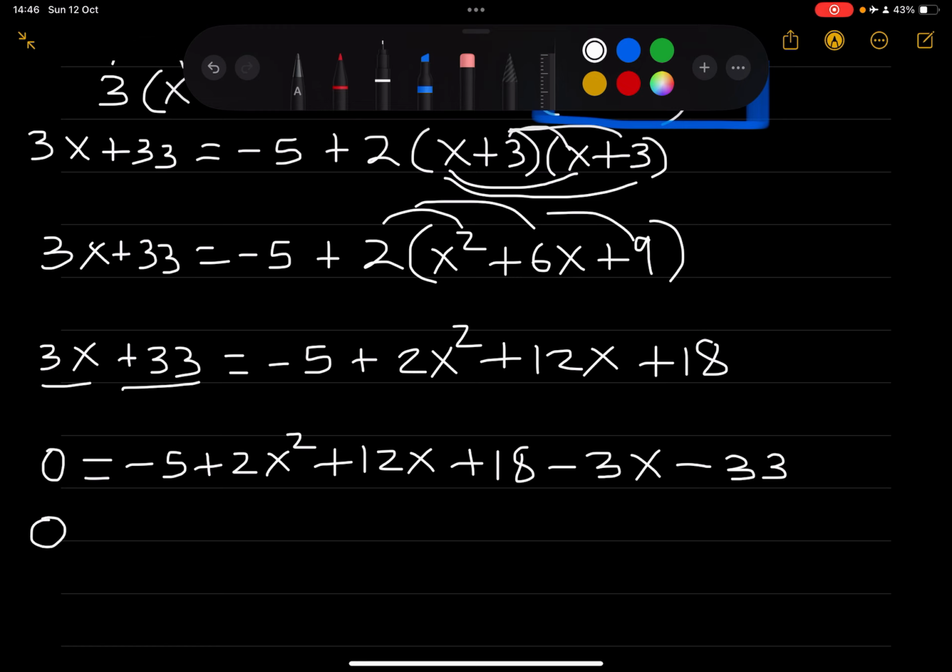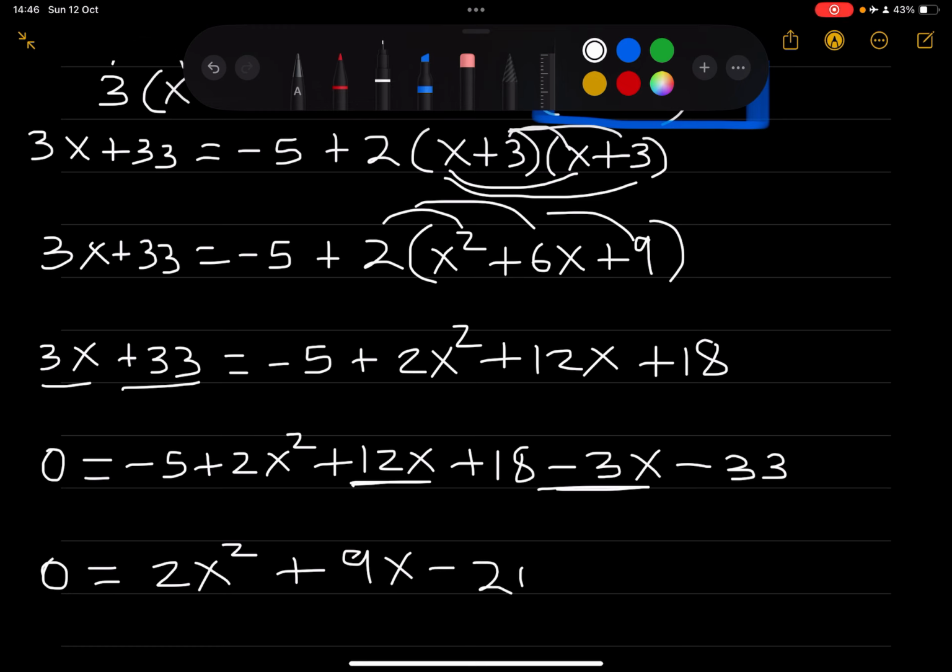Now, adding like terms. Let's add like terms. Now, we're going to have 2x squared plus 9x, because this one and that one gives us 9x, ne? Minus 20, because this one added to that one and added to that one will give us minus 20.